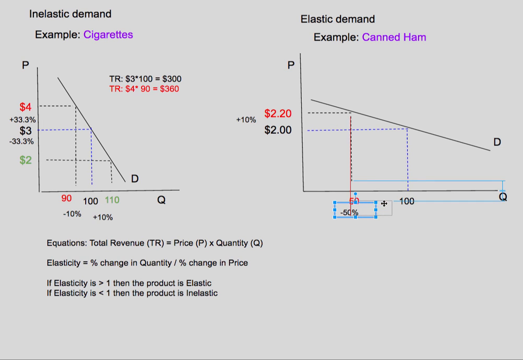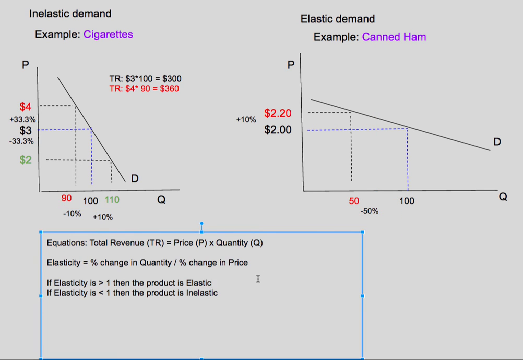So you'll notice that the quantity has dropped 50% from a 10% increase in the price. We'll go back to our equation here. And so now we have percentage change in quantity is minus 50. We can drop the percentages because we're using percentages each time. Divided by 10 equals 5. So again, we do the absolute value here, and in this case, because the elasticity calculation is greater than 1, the product is elastic.